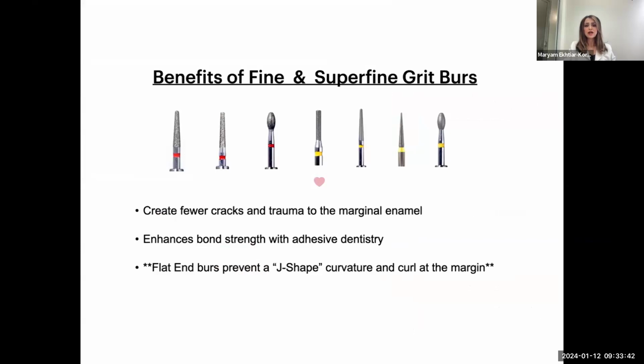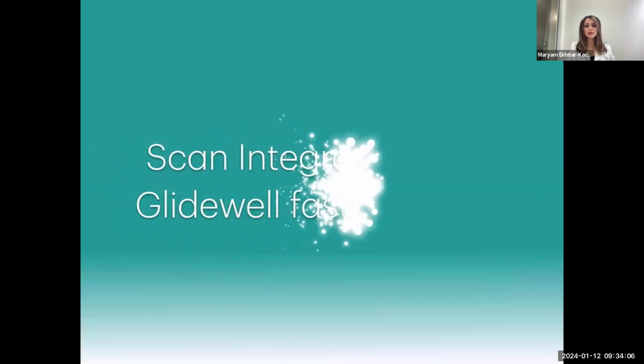The benefits of a fine diamond finish is that it creates fewer cracks and trauma to the marginal enamel, and it also enhances the bond strength that we want with our Camouflage Now through adhesive dentistry.